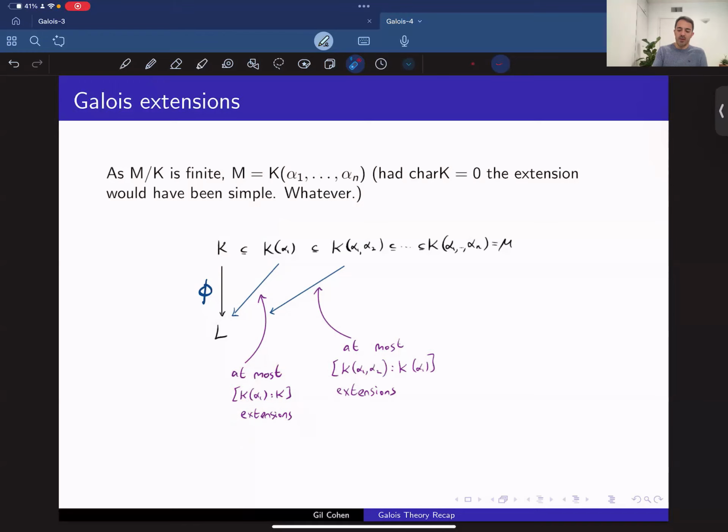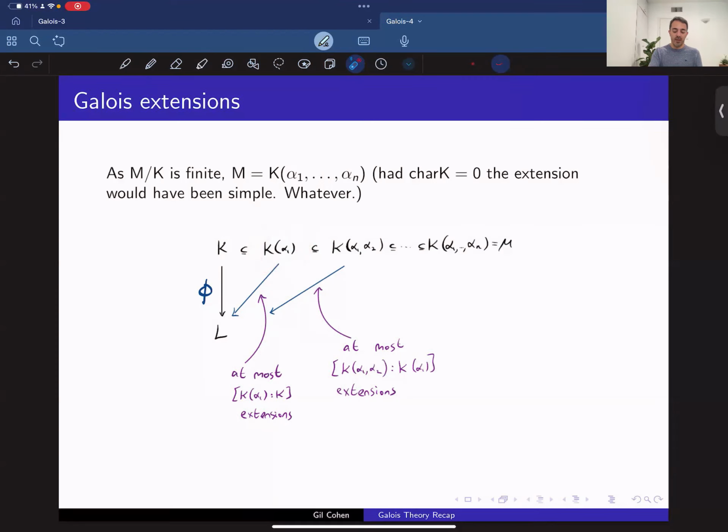And then you can just repeat this argument. So now you can look at this triangle. You want to extend any extension you had of phi from K of alpha 1 to L to an extension of K of alpha 1, alpha 2 to L. And here again, by the same reasoning, each of them is obtained by choosing where alpha 2 will go, and then everything is fixed. And alpha 2 can go to a conjugate of alpha 2 with respect to this field.